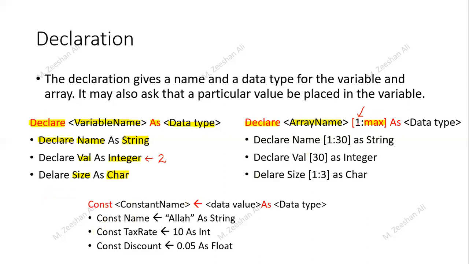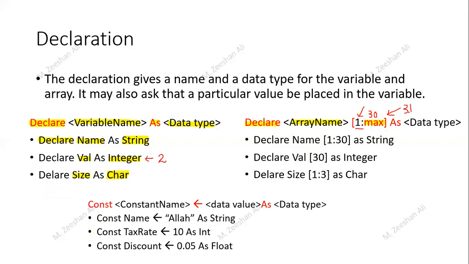So the first value will be 1 and the last value will be 30. Okay, if you do not write this 1 at the beginning and you write only 30, it will be considered that it is going to store 31 values.